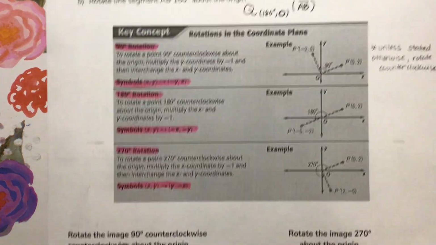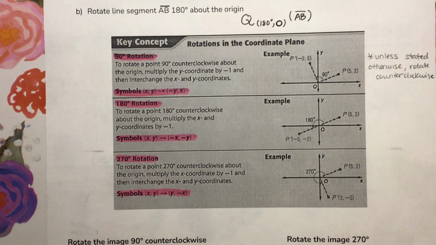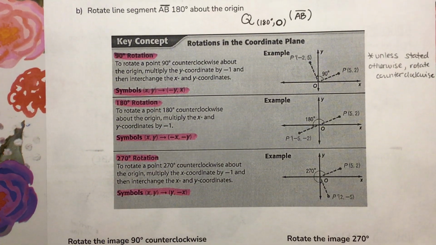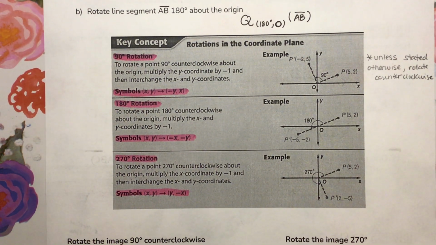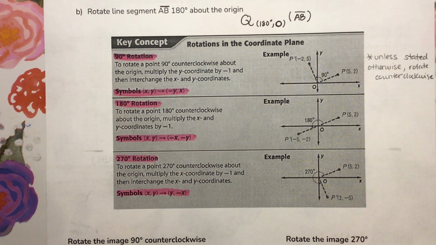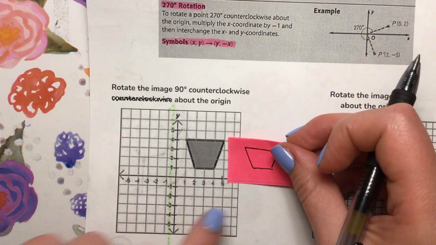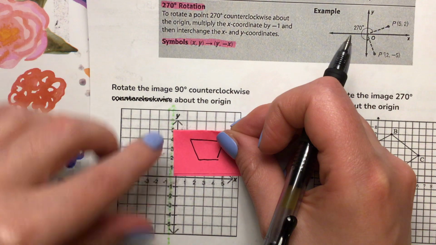So let me see if I have a paper in here. Hold on. I am going to do my best to get a little artistic for you guys. So here is our trapezoid that we're going to be rotating counterclockwise.